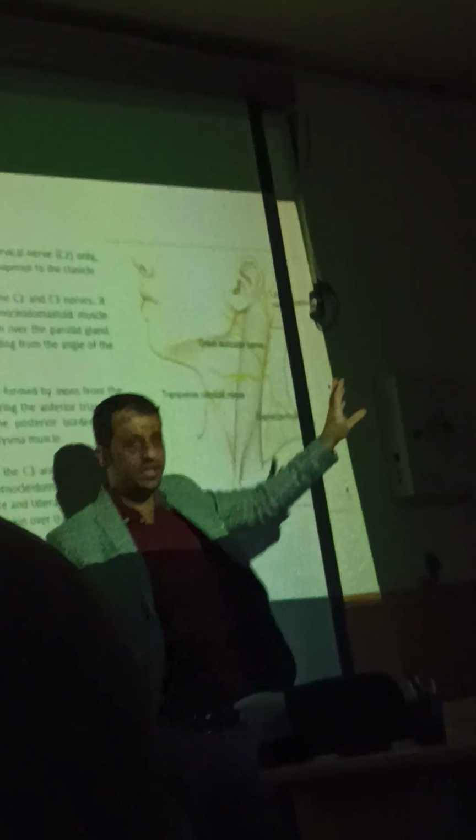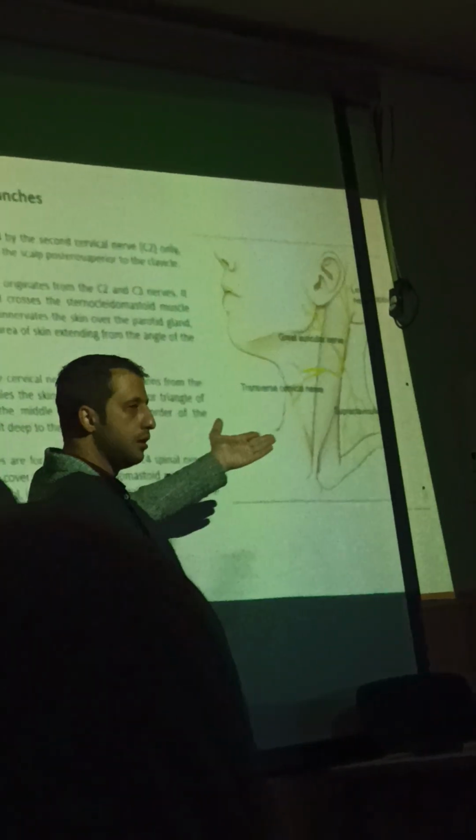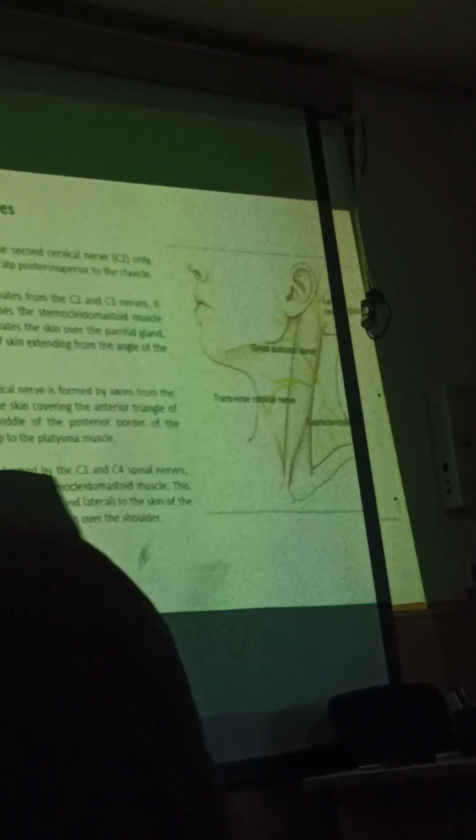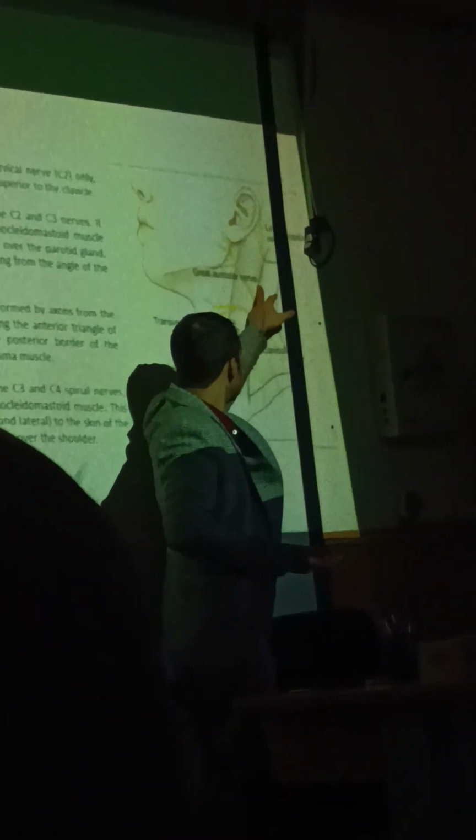Sometimes for some local surgeries, the anesthesia liquid is injected in this area, and all of these branches are anesthetized and the surgeon can do the excision. So, the first branch is lesser occipital. Lesser occipital innervates the skin of this area, the skin of the posterior part of the cervix and some part of the occipital area.